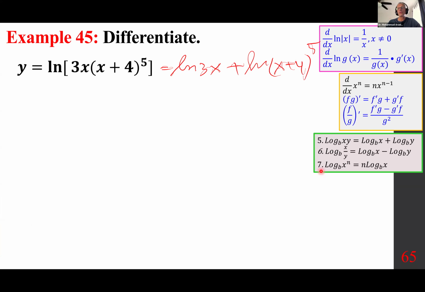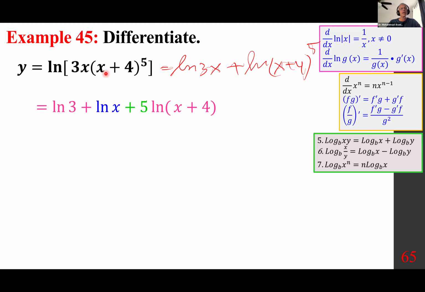And then I use number 7, the power rule, and I put the 5 in front. And of course, ln of 3x, I write it as ln 3 plus ln x.